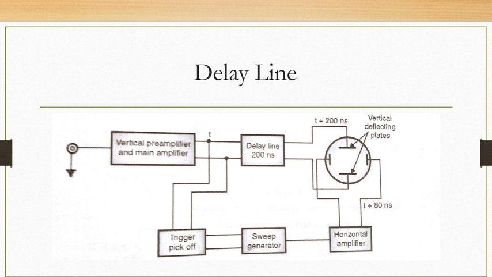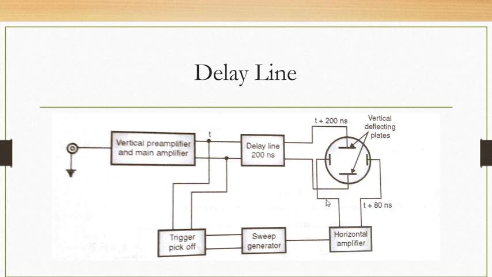If you see this diagram, at t equal to 0, without any delay line, the vertical amplifier connects the signal to the vertical deflection plates, and the horizontal signal is applied to the horizontal plates at t plus 80 nanoseconds, meaning it is delayed by 80 nanoseconds.